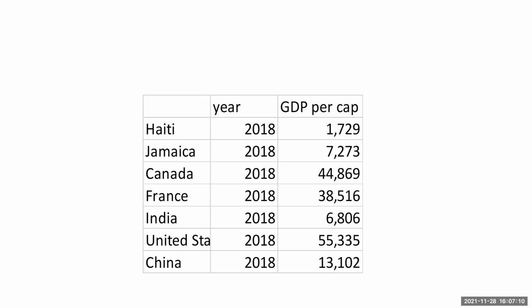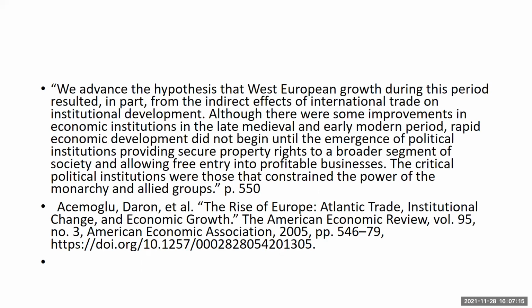As Daron Acemoglu puts it, quote, "We advance the hypothesis that Western European growth during this period resulted, in part, from the indirect effects of international trade on institutional development.